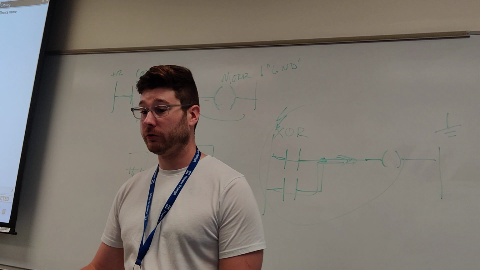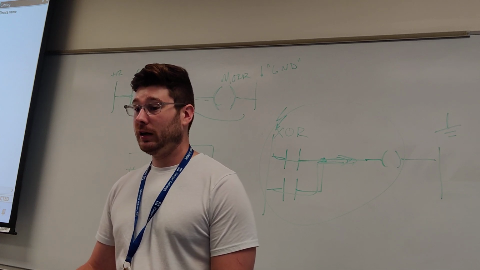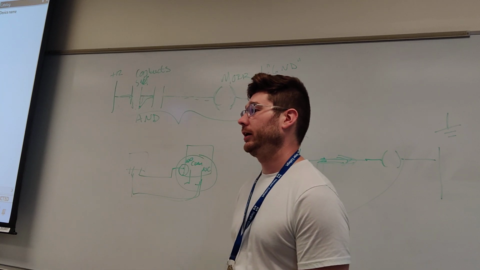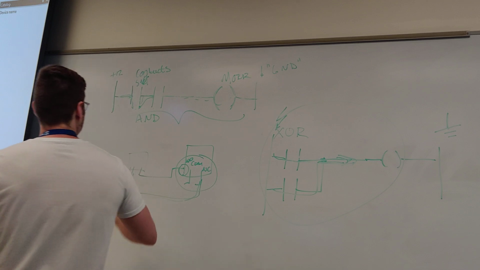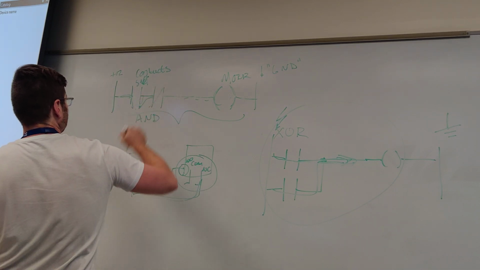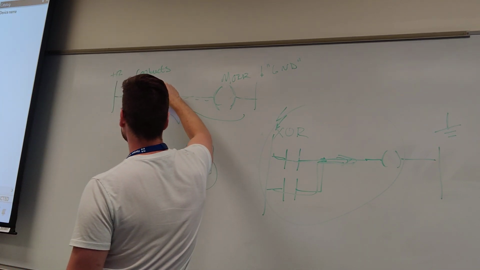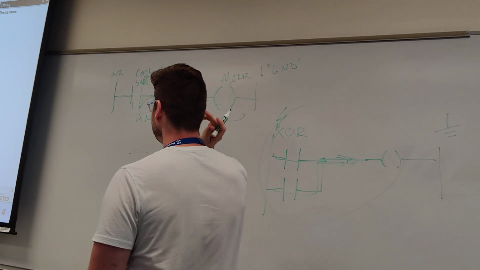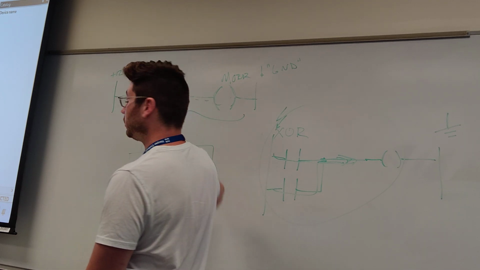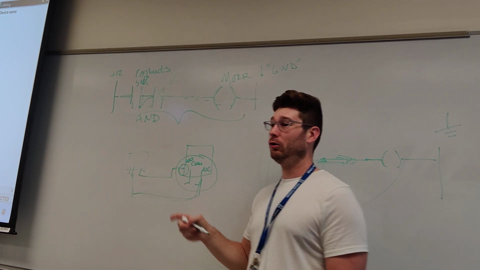Another thing that I haven't talked about, and I'll throw a twist in here, is that you can make these negative contacts. A negative contact, or a normally closed contact, has a cross in it, like this. This means that by default, the switch is closed, and pressing it opens it.